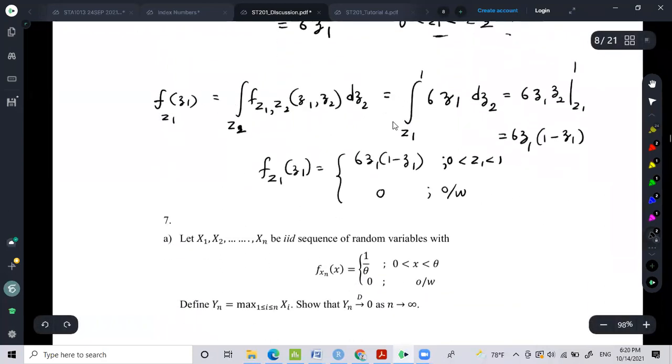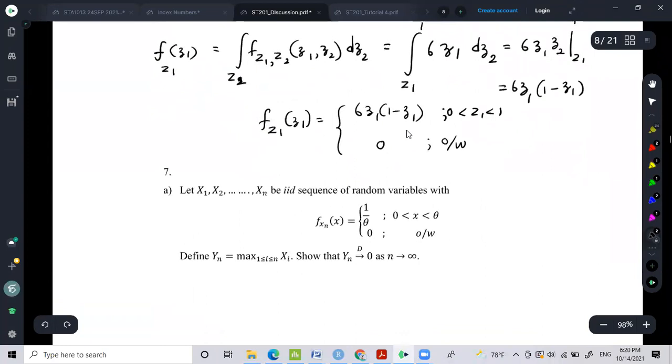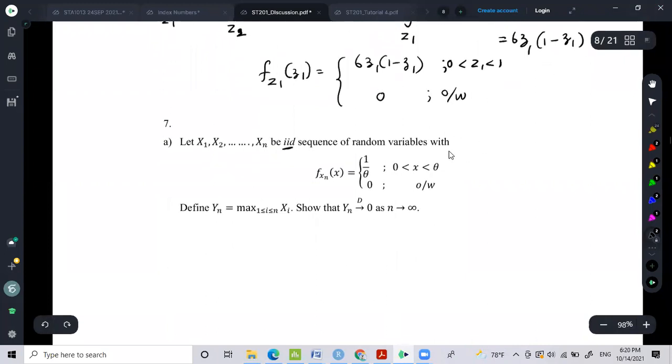Okay. So here's convergence in distribution. You have a sequence of random variables, X1, X2 up to Xn, independent and identically distributed. And again, what is this distribution?